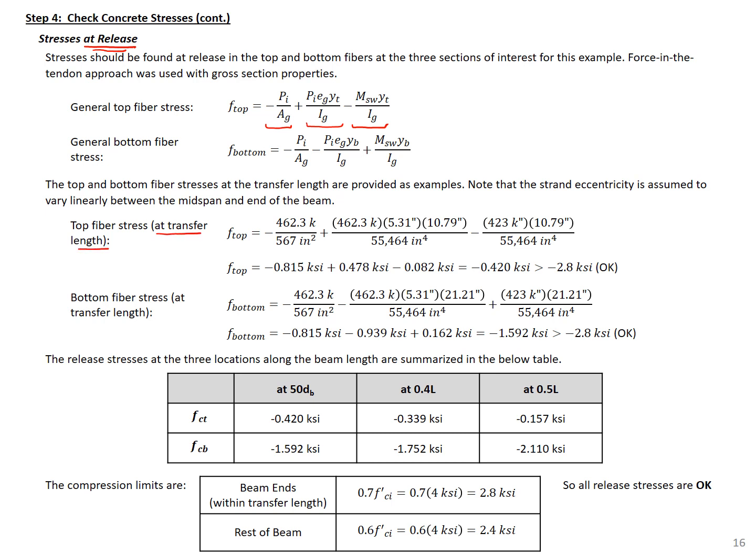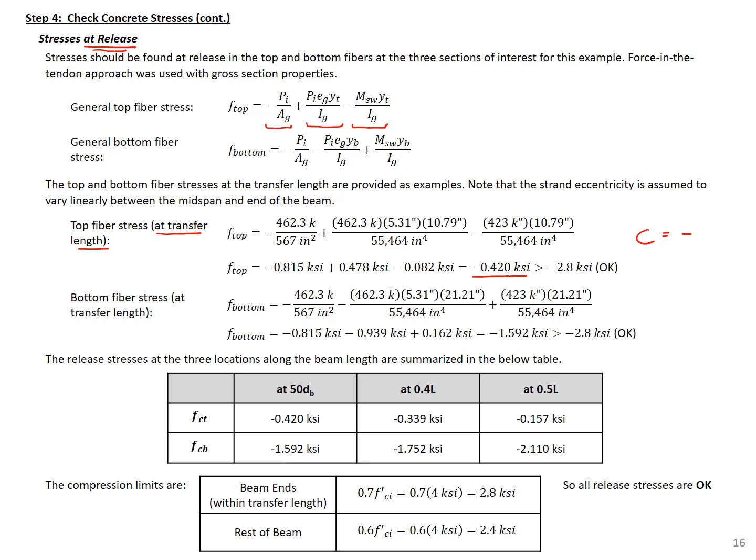You can see here how you calculate these values. The top fiber stress at transfer we found to be negative 0.42 KSI. My sign convention here is that compression is negative.